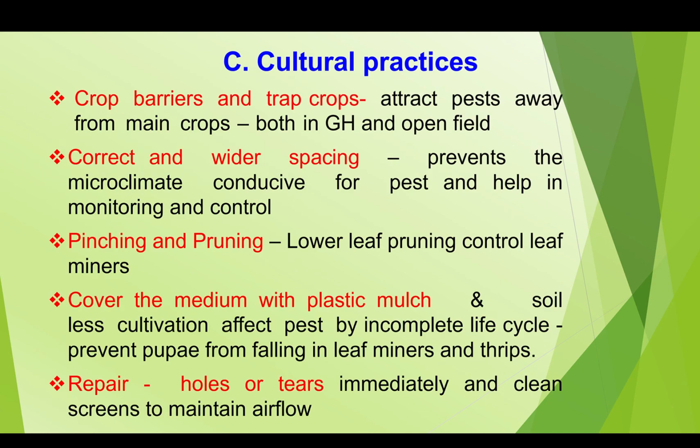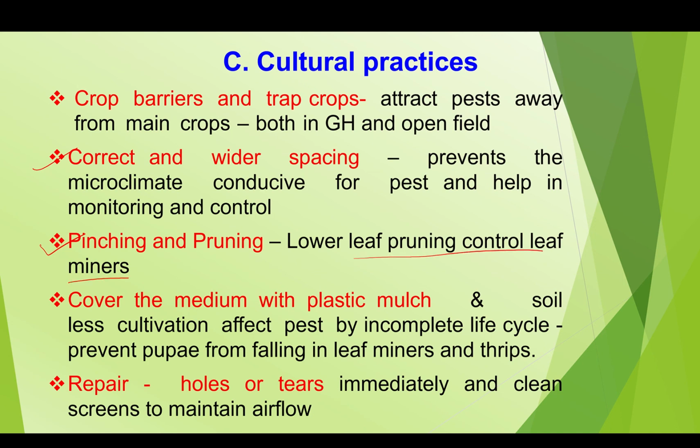Locate the greenhouse away from or upwind of outdoor crops. Next, cultural practices: crop barriers and trap crops we have to use. This will help to attract the pests away from the main crop, both in greenhouse and open field. Though we use this technique in the open field, the same technique we can use in the greenhouse as well. Correct and wider spacing we have to provide to prevent a microclimate conducive for pests, and it helps in monitoring and control. Pinching and pruning, lower leaf pruning, control leaf miners.